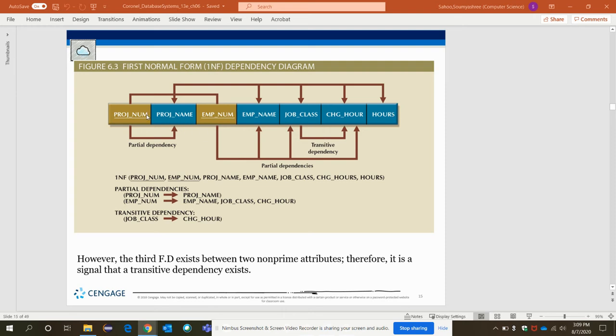So here, project num and EMP num, which are part of the primary key, are the prime attributes, and all others are non-prime. Okay. So if a functional dependency exists between two non-prime attributes, those not part of the primary key, then we can say that there is a transitive dependency.